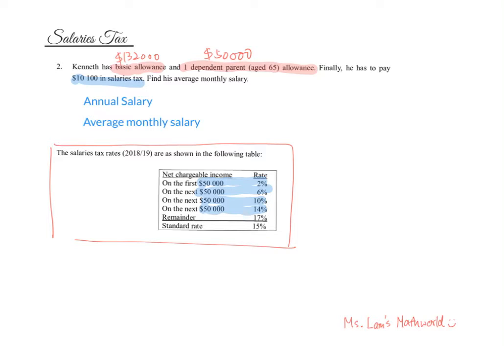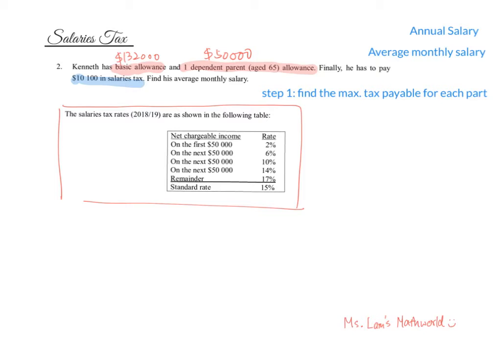Alright, so let's check the things about this value. I mean, we split it into different parts. Alright, so let's start. Step 1, we need to check how many parts we are going to separate it into. When we do so, find the maximum tax payable for each part.